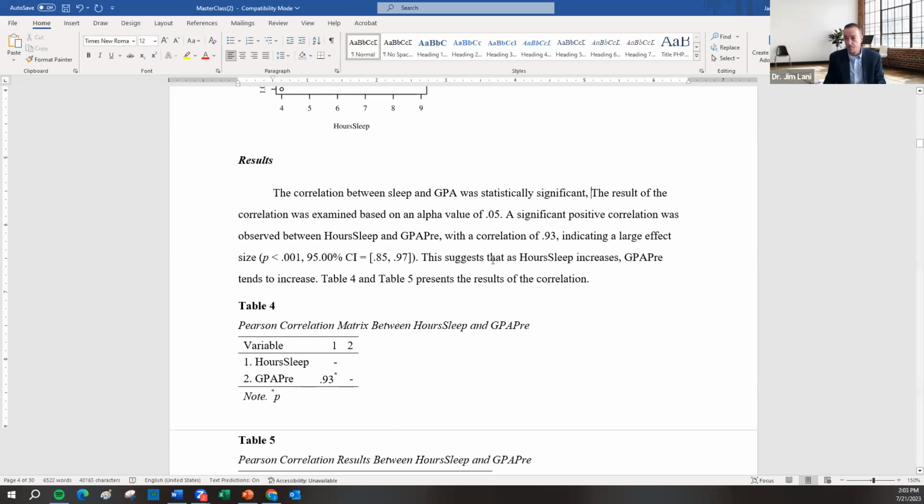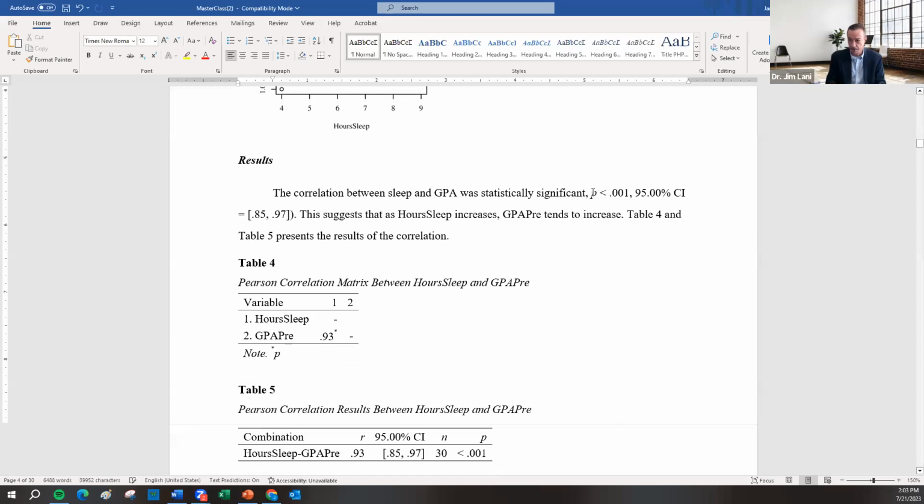Then maybe I would put this business here, R equals whatever this is, 0.93, p less than 0.01, maybe dump this, and then put the interpretation.